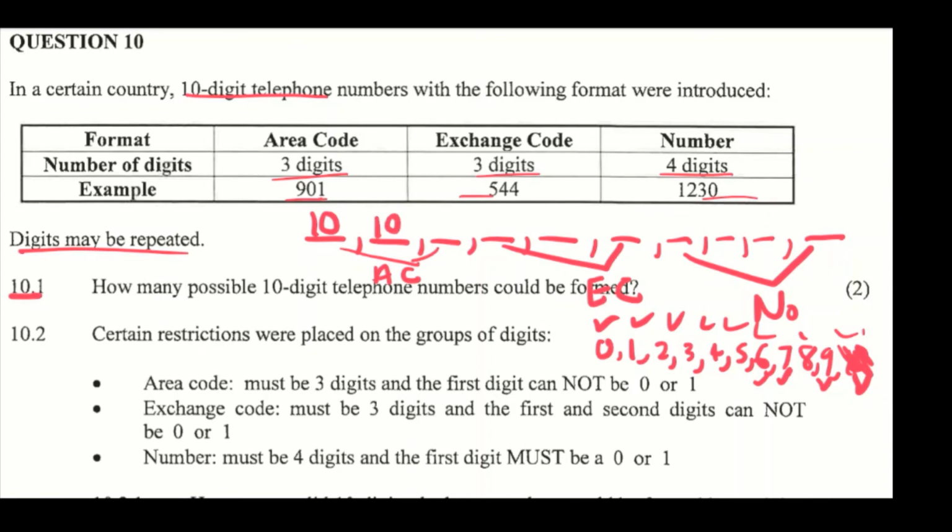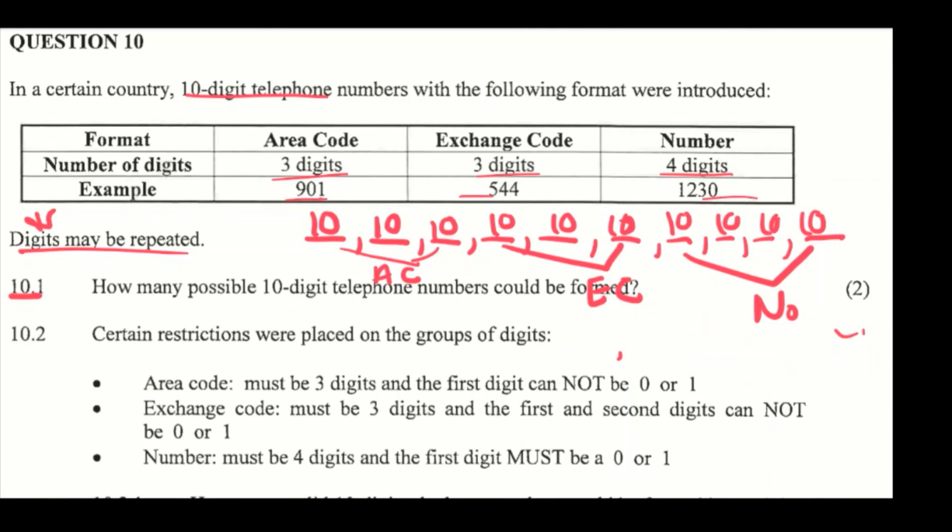You still have 10. Why? Because the digits are repeated as they indicated here, so it's still going to be 10 here. And choosing the exchange code, 10 ways, 10 ways, 10 ways, and then the number, it's also 10, 10, 10, 10, right? So let me erase this.